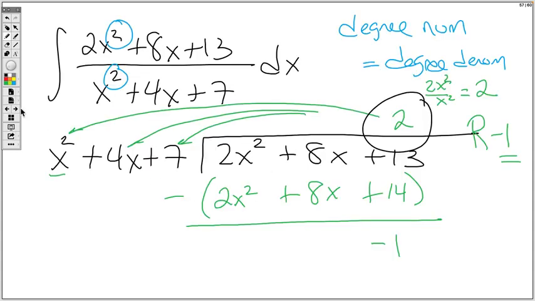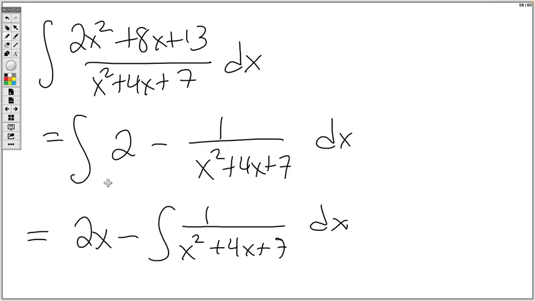We just did the long division. Okay. So we ended up getting 2 with the remainder minus 1. So there's our 2. And then there's our minus 1. So we're up to here now. So now we're trying to integrate that quadratic.